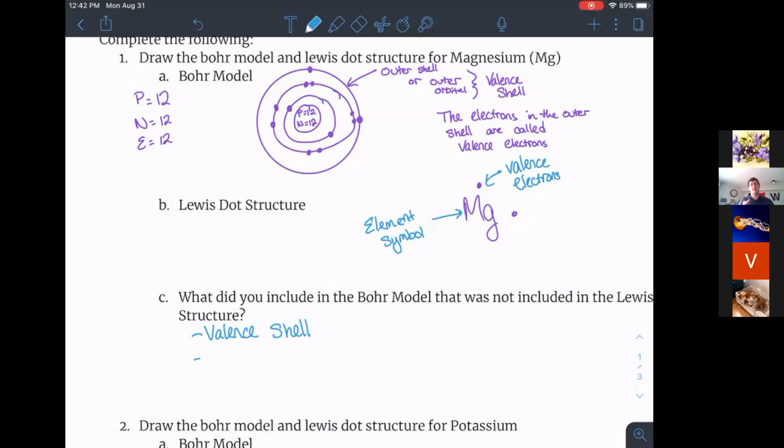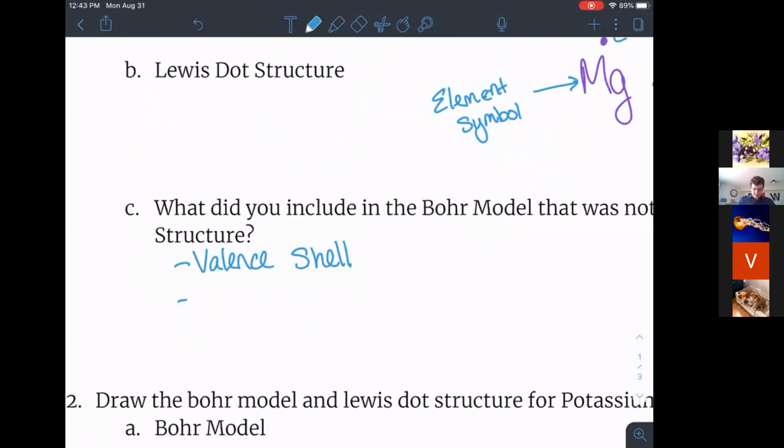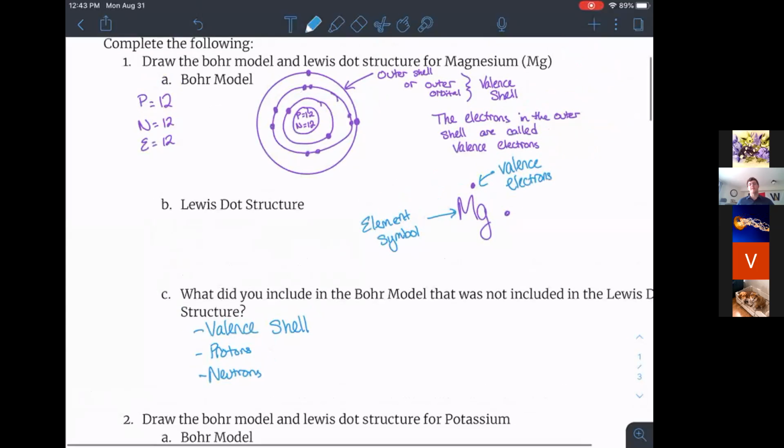What else do we see in our Bohr model that's not in our Lewis dot structure? Protons and neutrons. Is there anything else we see in our Bohr model that's not in our Lewis dot structure?